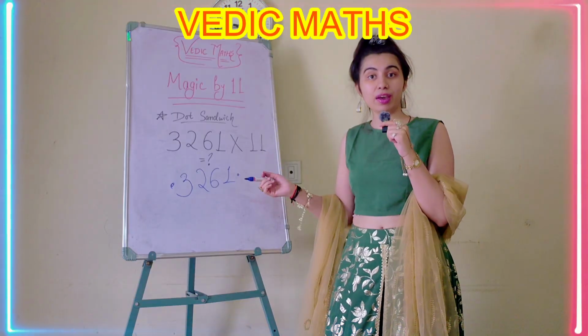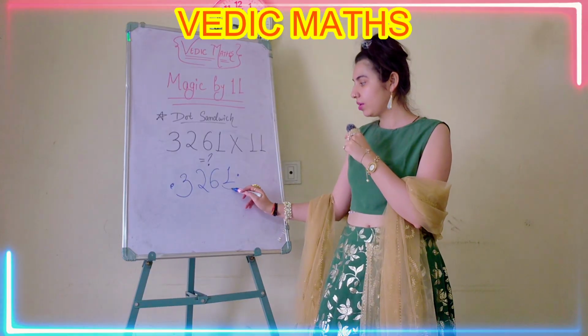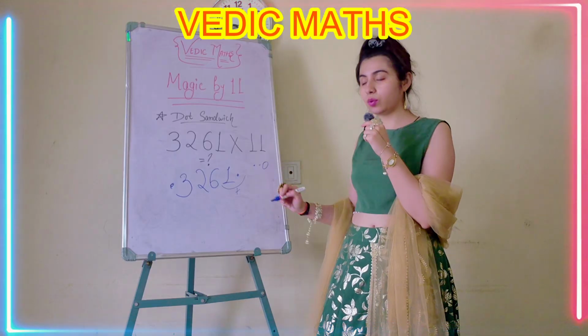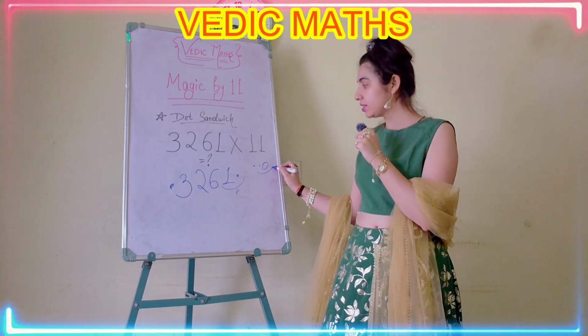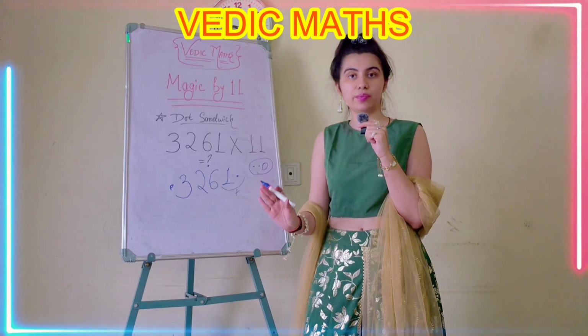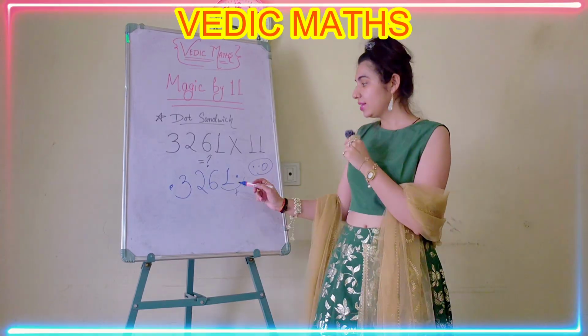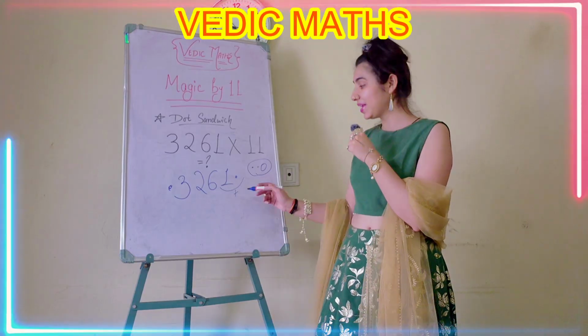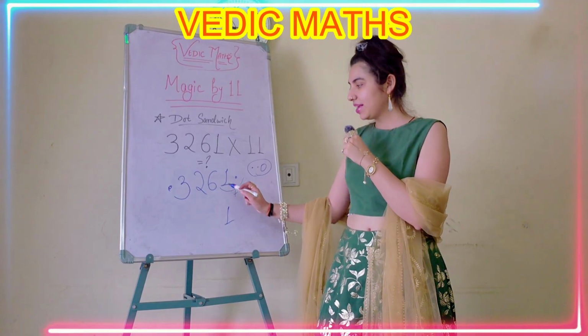Now what we have to do is add: 1 plus dot. Dot is 0. Do you remember this? Don't forget this. Dot doesn't have any number. Dot equals 0. Now 1 plus 0, that is 1.